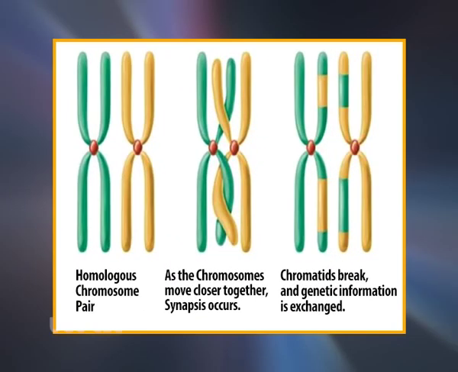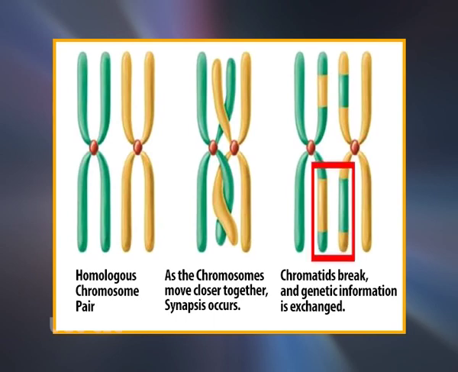Crossing over is a phenomenon which involves a physical exchange between the chromosomes. The exchange events occur during the prophase of the first meiotic division when duplicated chromosomes have paired. Although four homologous chromatids are present, forming what is called a tetrad, only two chromatids cross over at any one point.